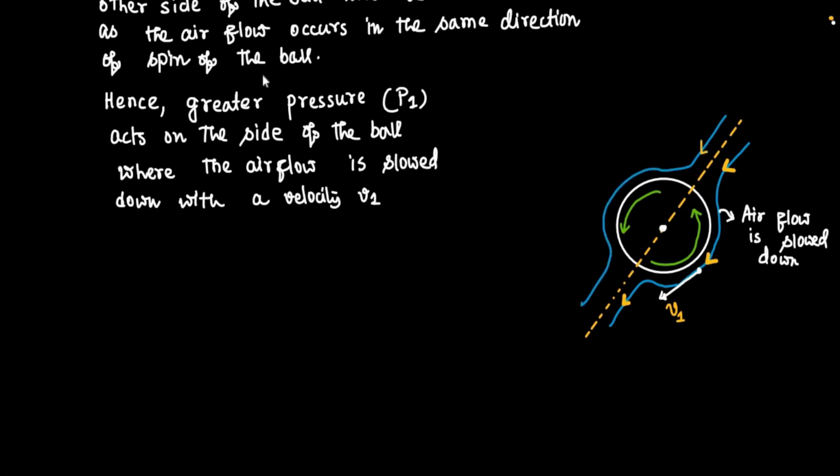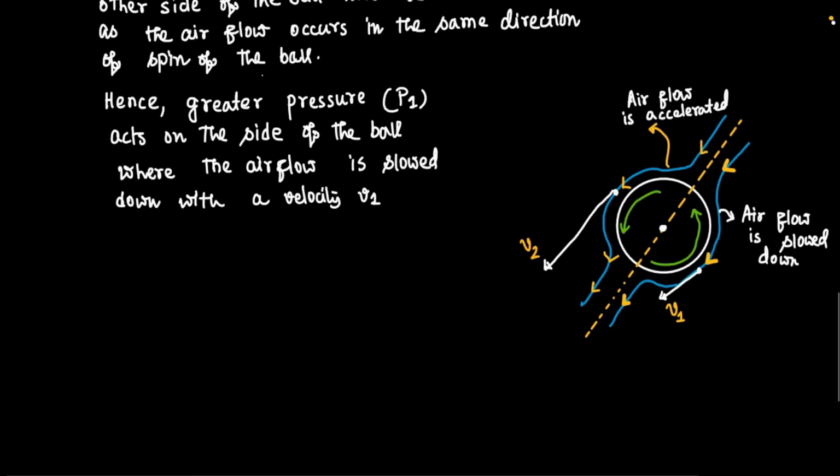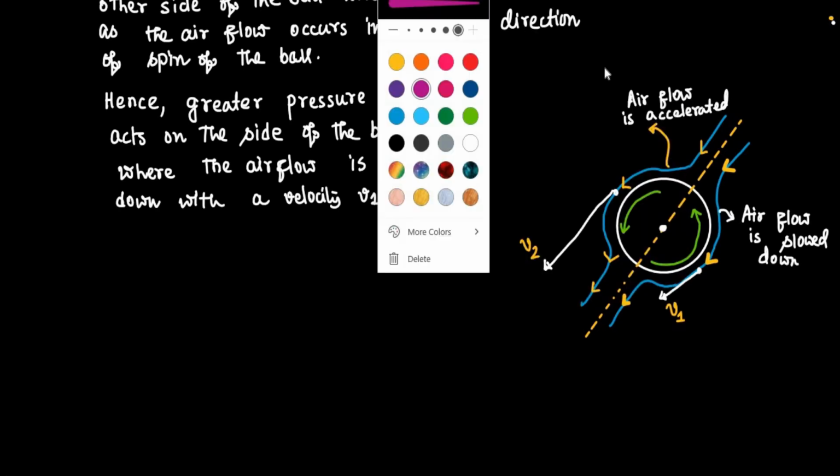Similarly, air is flowing on the other side of the ball in this direction, and we can denote the velocity of air flow at this point. This is the velocity. v2 is the velocity with which air is flowing on the left side of the ball, and in this case this air flow is accelerated because air is flowing in the same direction of spin. Airflow is accelerated.